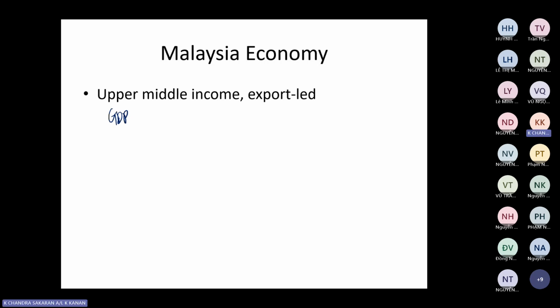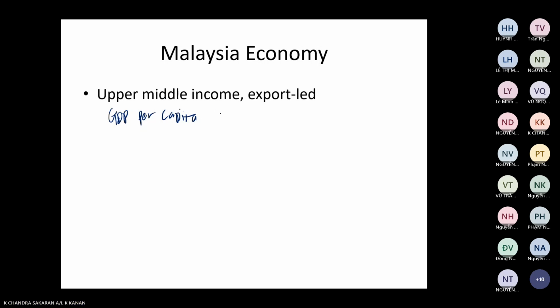Roughly, developed country GDP per capita is about 30,000 to 40,000 US dollars. For Malaysia it will be about 15,000.